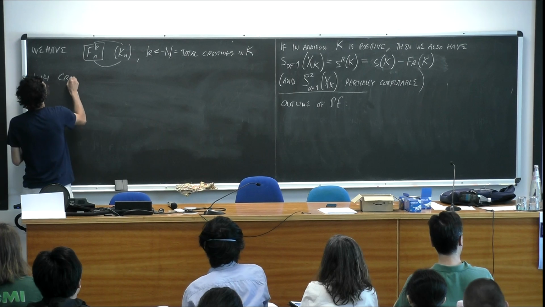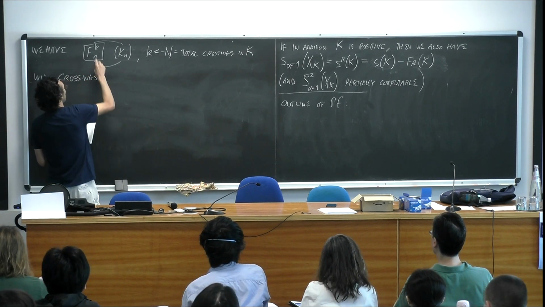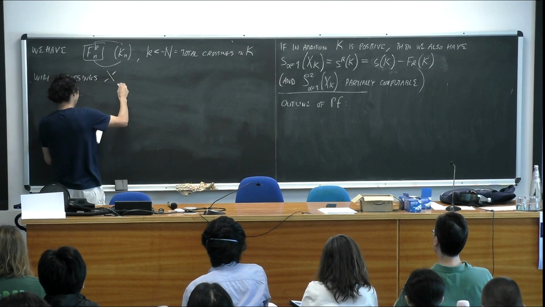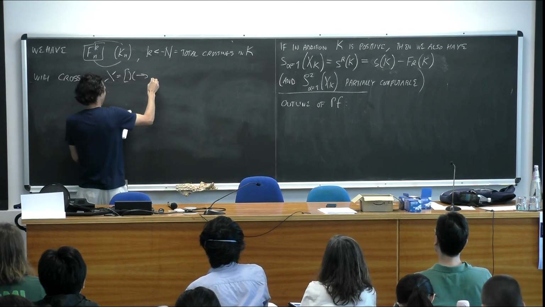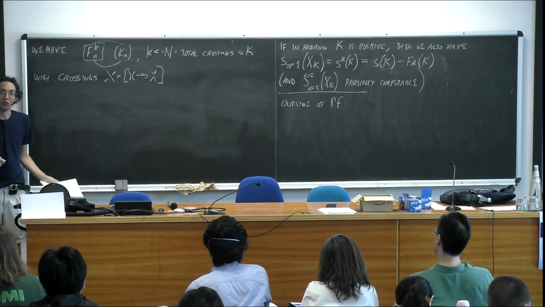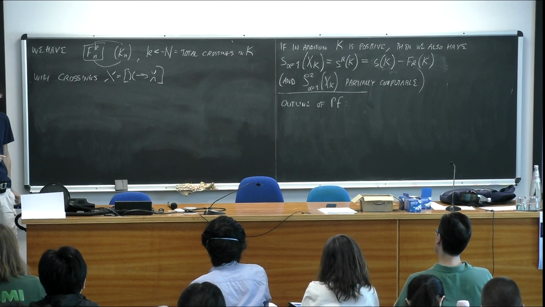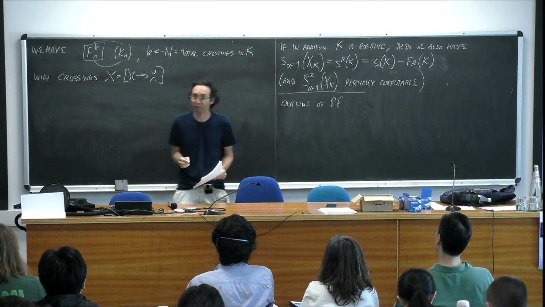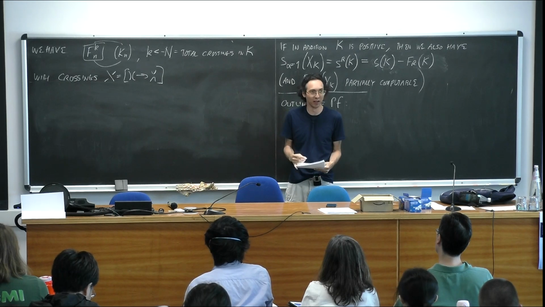So let's point out the crossings in here are like this. And these crossings induce, define this complex. And there are shifts in here that I'm ignoring because I'm just not going to write it all.